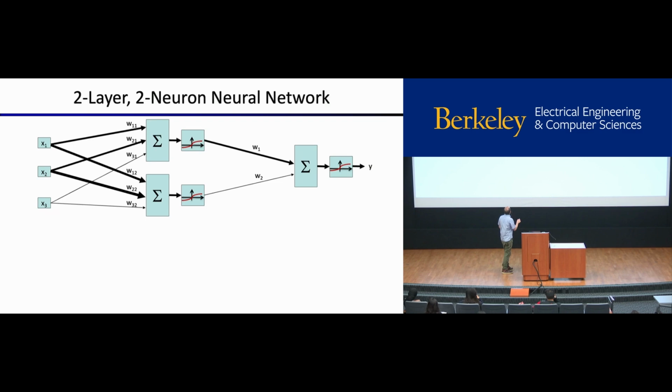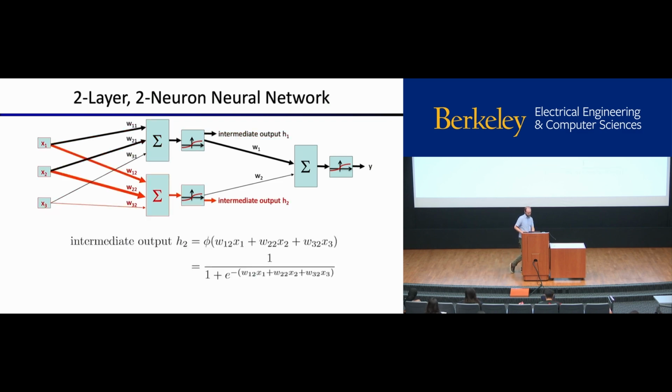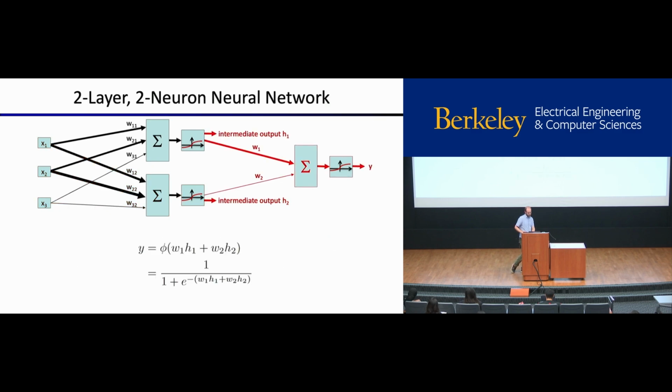So we have some new value here, which we call h1, and then h1 times w1 goes into this. h2 times w2 also does. We add them together. H1 and h2 are the activations of these intermediate neurons, and we use that as our new vector. We take the dot product with this w vector, or alternatively take the product and sum them, and then pass it through a sigmoid function again.